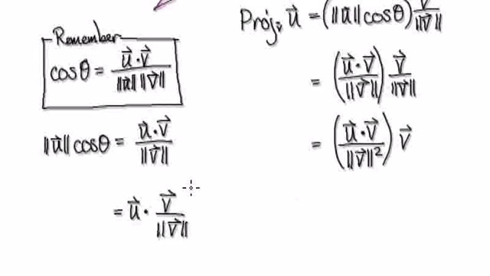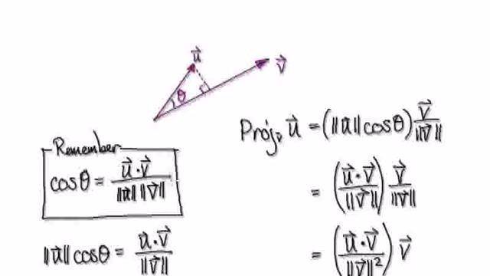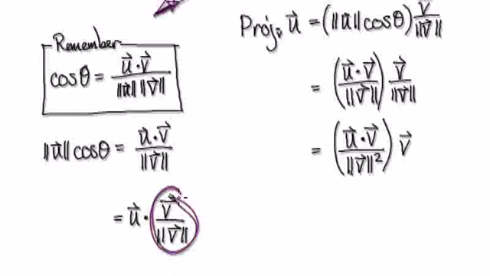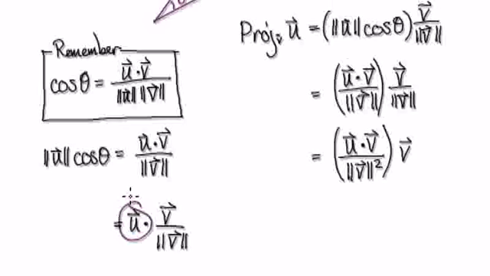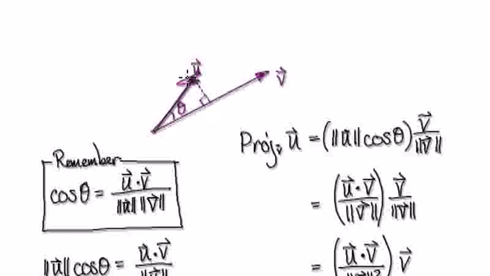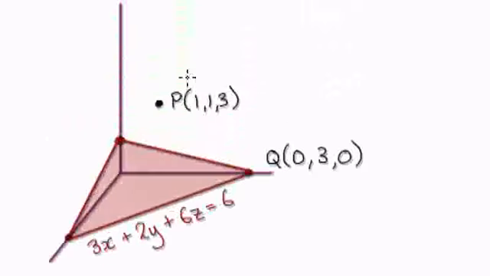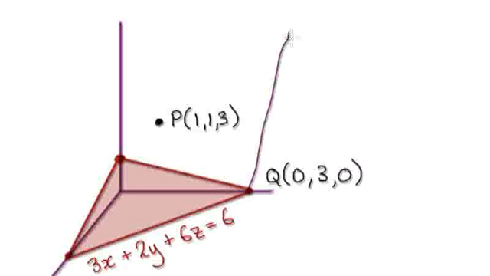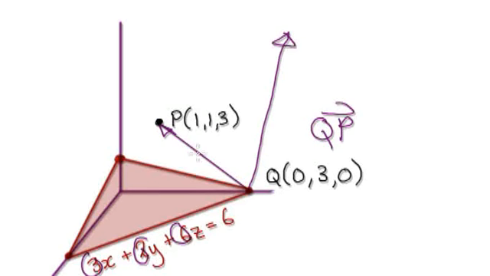So get the unit vector and then dot it with the vector u. Going back to our example, if you want to know the shortest distance, obtain your normal vector, and then obtain your vector QP. That will give you this vector here, and then project it onto your normal vector. That will give you this length here.